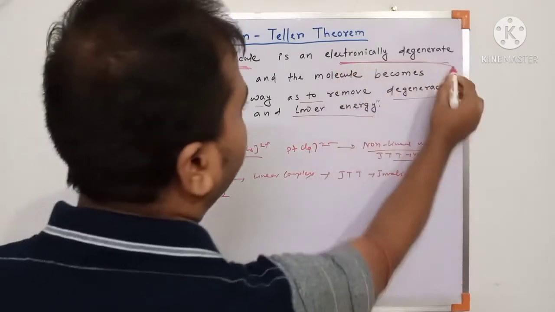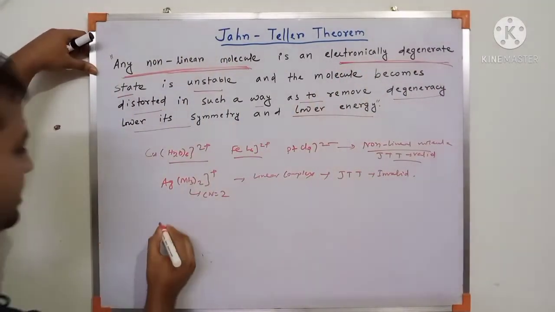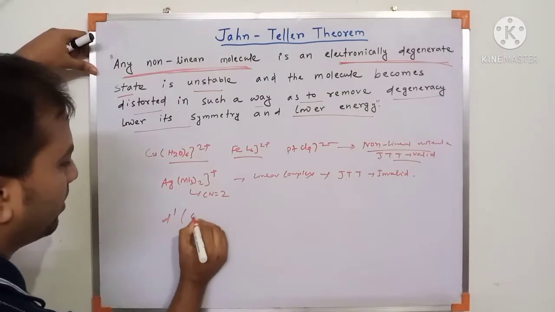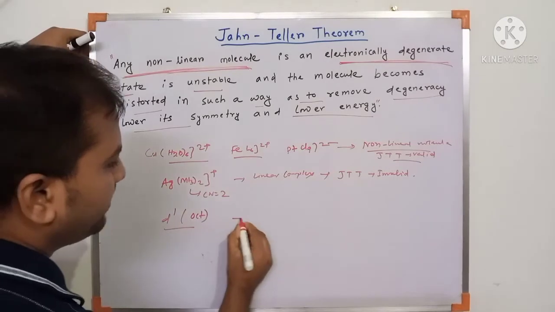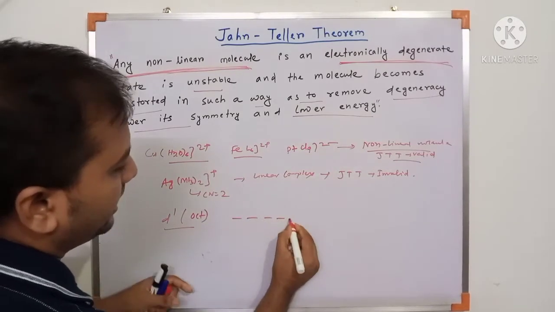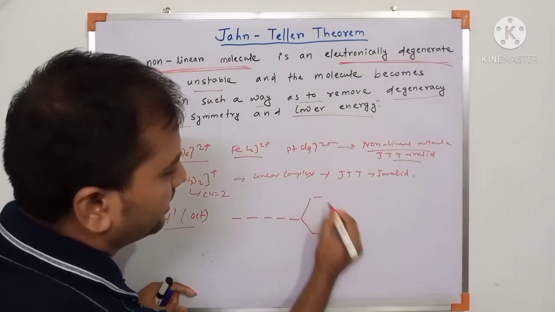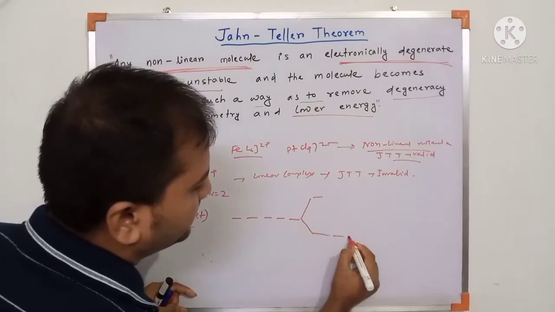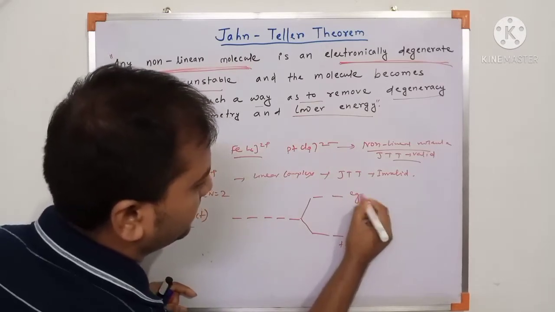Now second, electronically degenerate. What is electronically degenerate? Suppose, for example, d1 in an octahedral complex. First, in the free metal ion the 5 d orbitals are degenerate. Second, in the presence of ligand, the d orbitals are split. One set is t2g and another is eg.